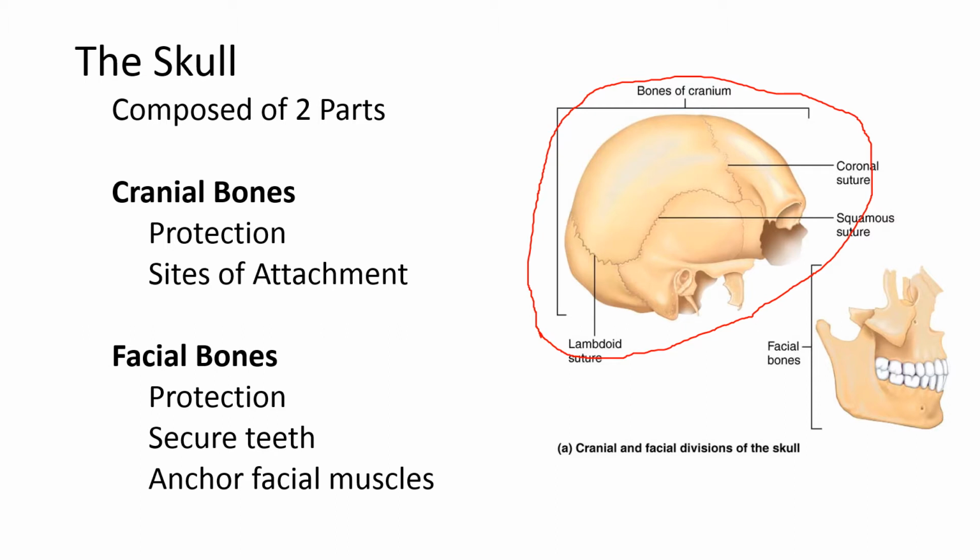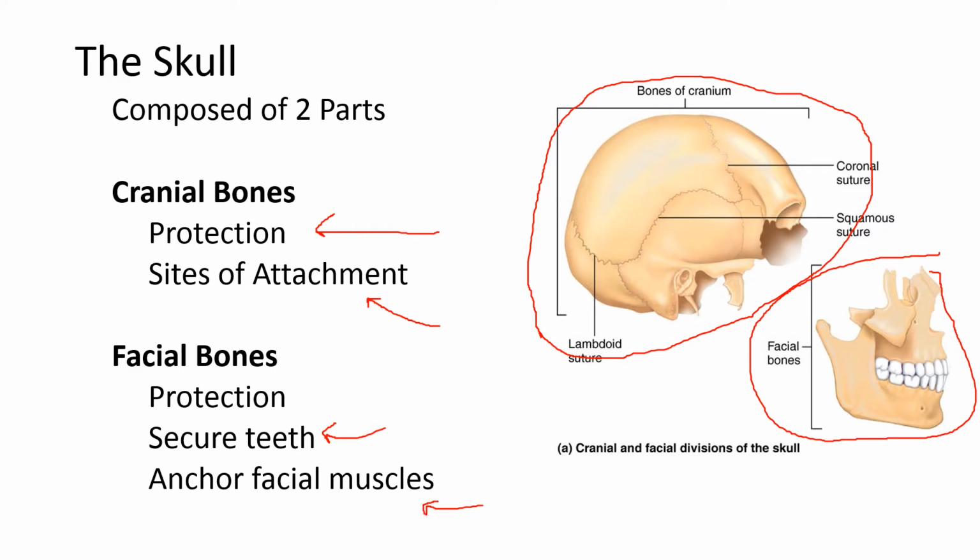The main function of the cranial bones is to protect the brain and to provide sites of attachment for head and neck muscles. The other portion of the skull is the facial bones. The facial bones help to secure the teeth. They anchor the facial muscles to provide movement so that we can make expressions with our faces.